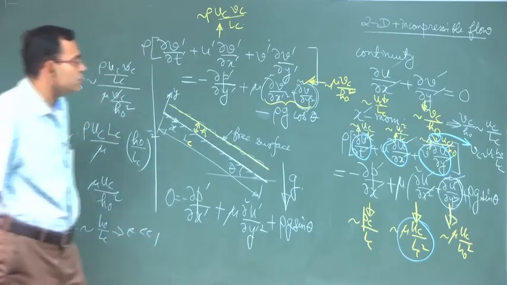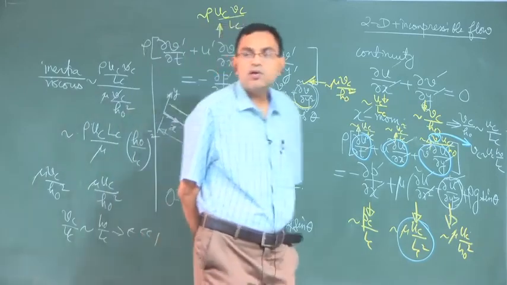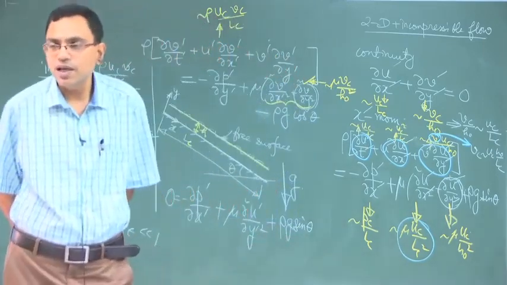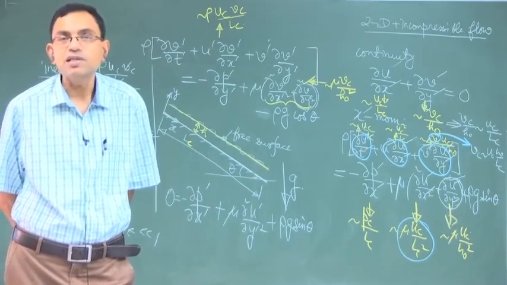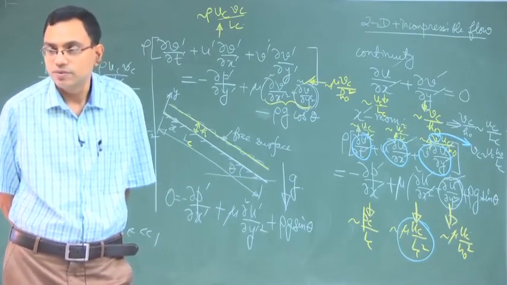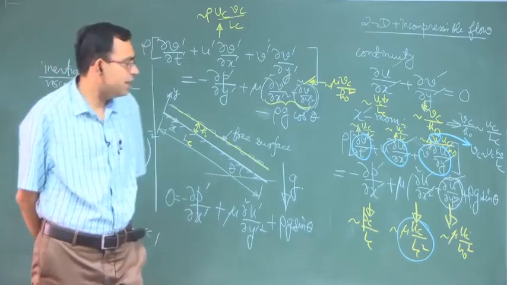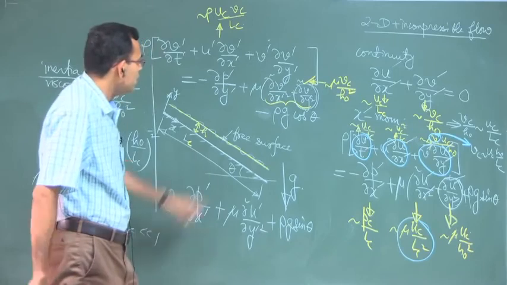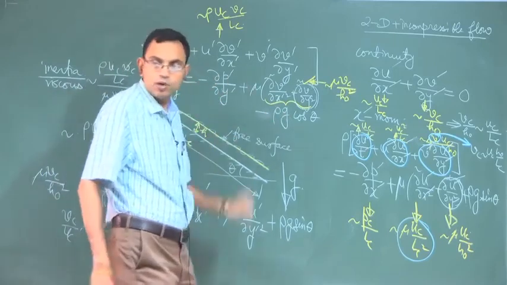Therefore, the moral of the story is that in the y momentum equation, of course the inertial effect is negligible as compared to viscous effect, and the viscous term itself is also negligible. So, that means in the y momentum equation you are left with only the pressure variation and the body force.